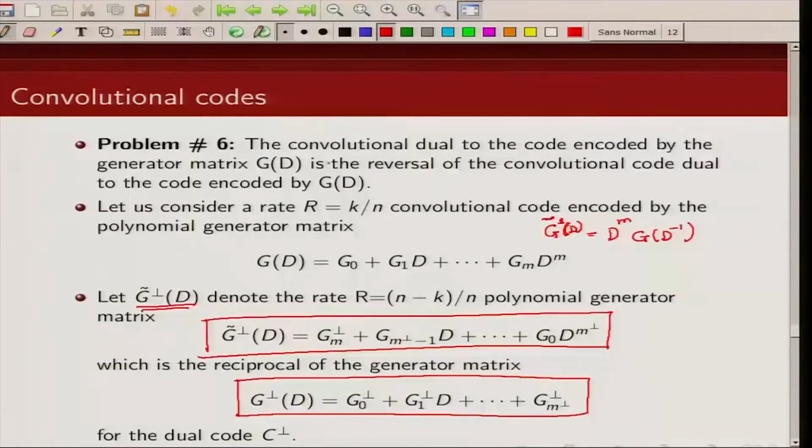Now, note, we have to show that the convolutional dual to the code encoded by G(D) is nothing but the reversal of the convolutional dual code. So, if that is the case, then the dot product of G(D) with this should be 0.